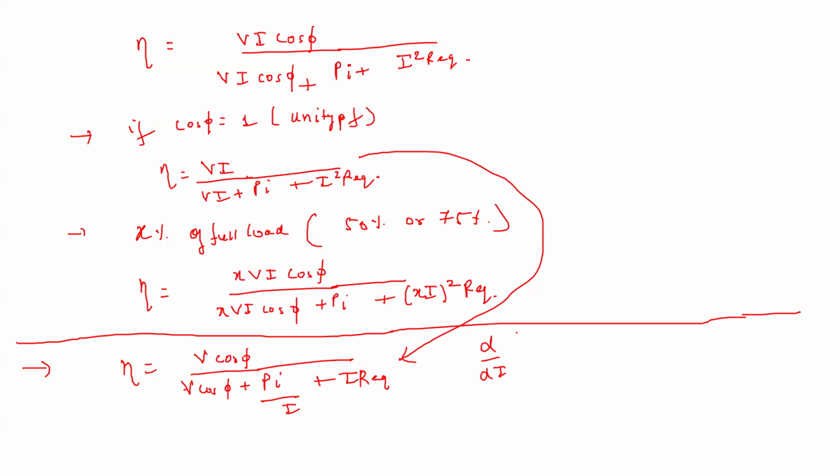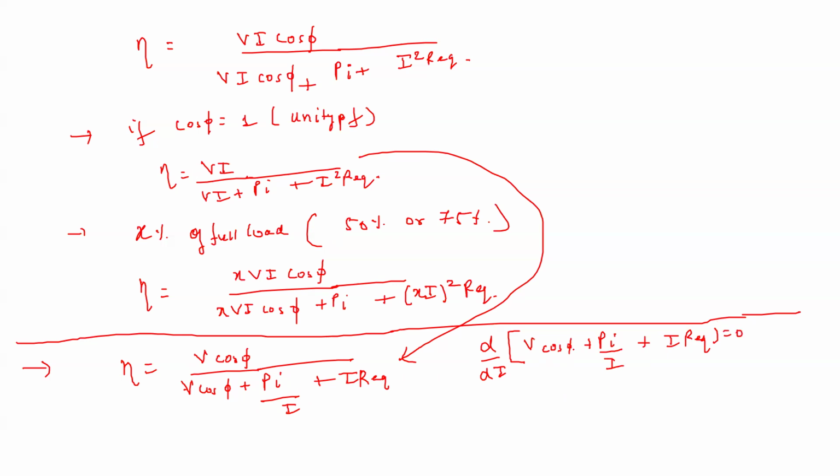So at what current, at what percentage of load, will this efficiency occur? For that we differentiate the denominator by I, because if the denominator is minimum, the efficiency is maximum. The condition of minima is d by dI of this denominator equal to 0.